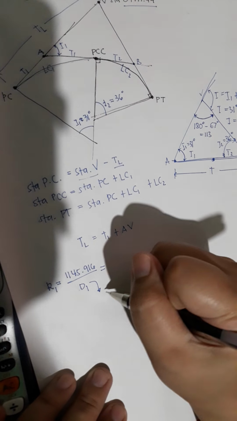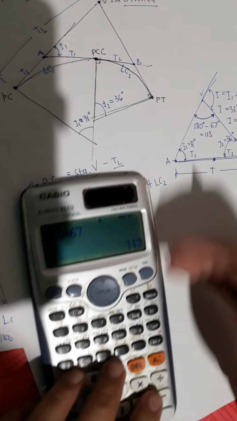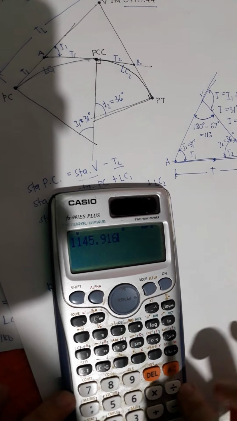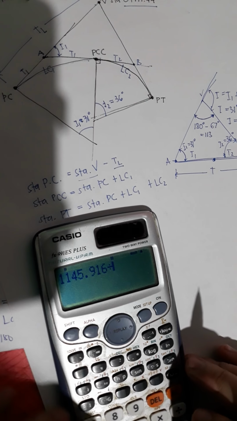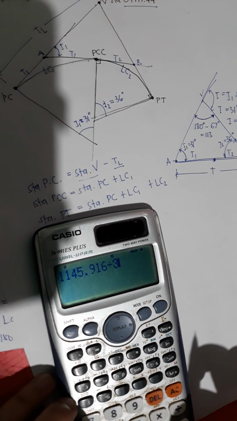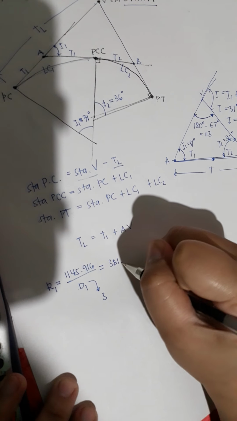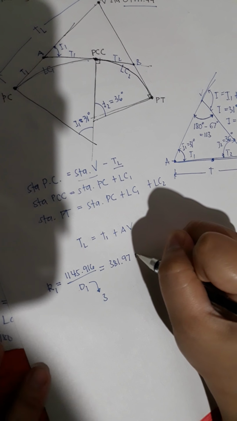So we can now get R1. 1145.916 divided by D1, which is 3 degrees, is 381.997 meters.